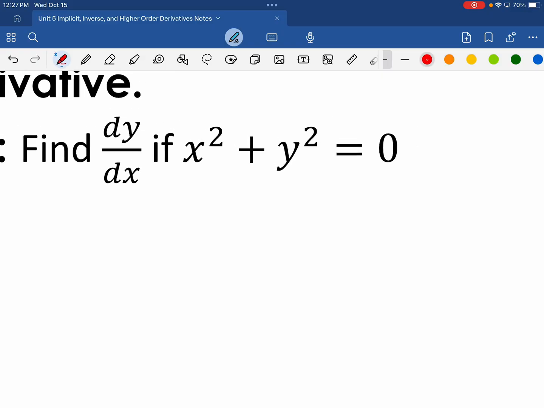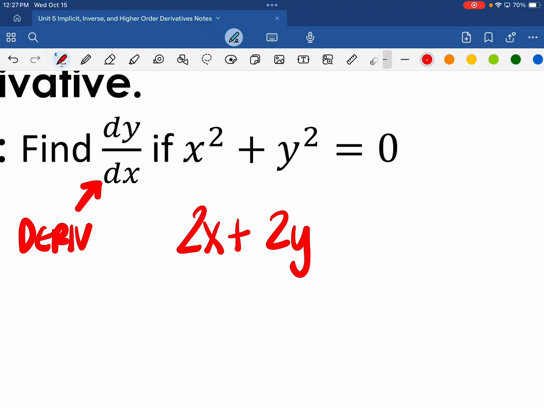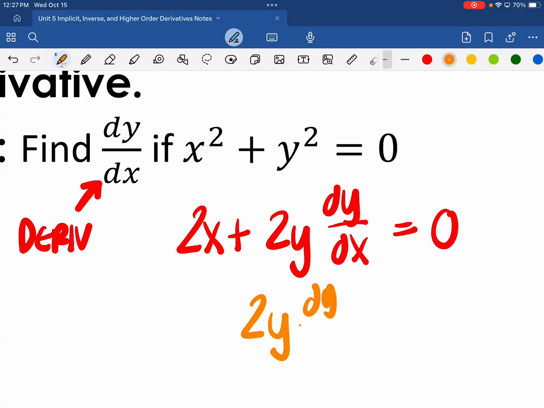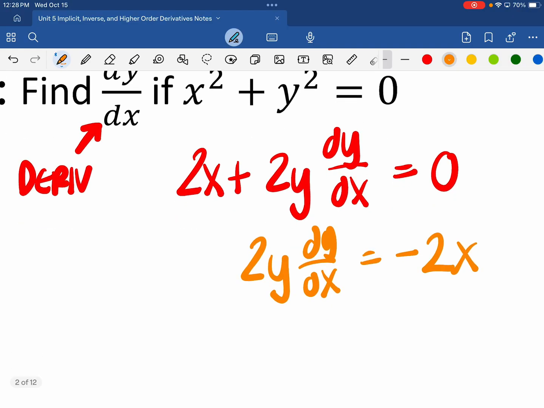So first we're going to take the derivative because that's what dy dx means. 2x plus 2y dy dx equals 0. All right, what do I want to move? The 2x. Yep. So minus the 2x to the other side.